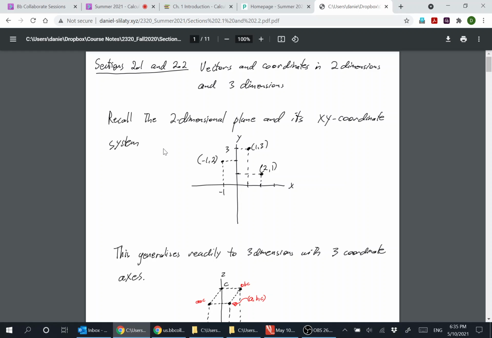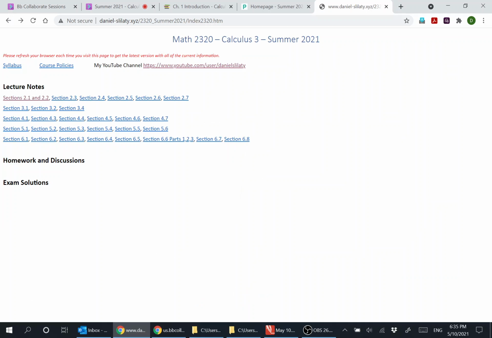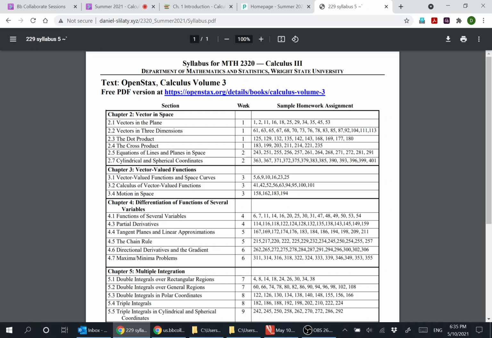What we're going to do now during these sessions is go through all of the exercises on the syllabus for the course. So here's the syllabus. In each section we've got some list of sample homework problems.